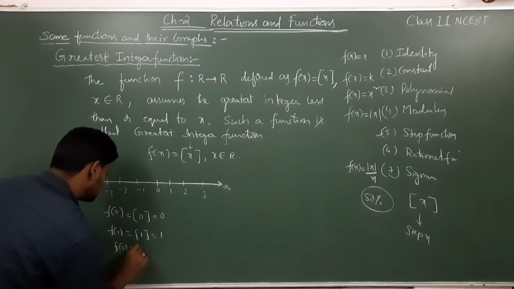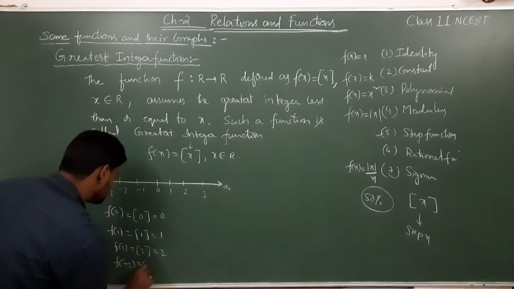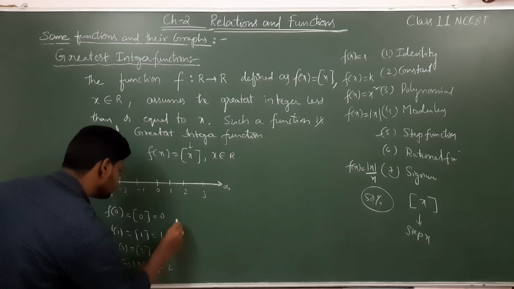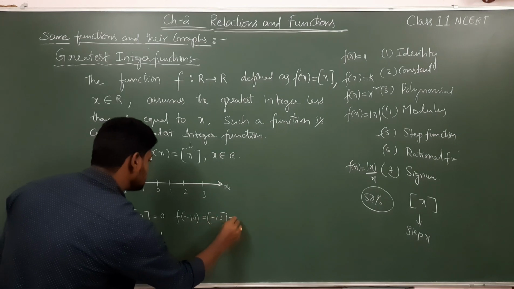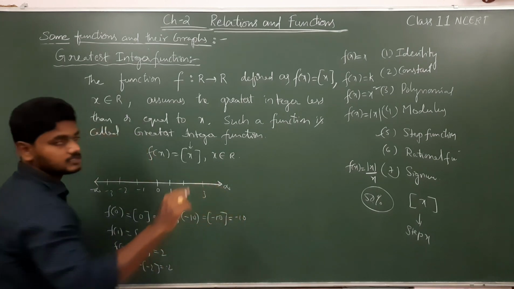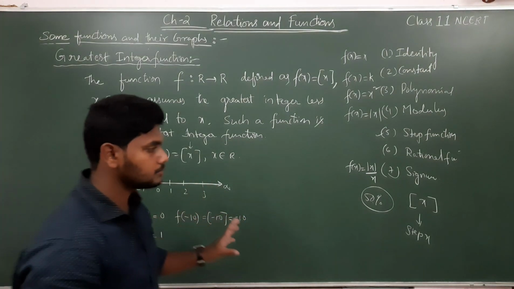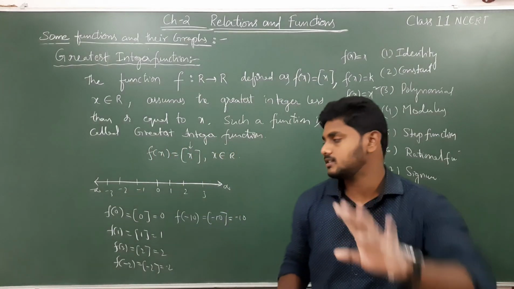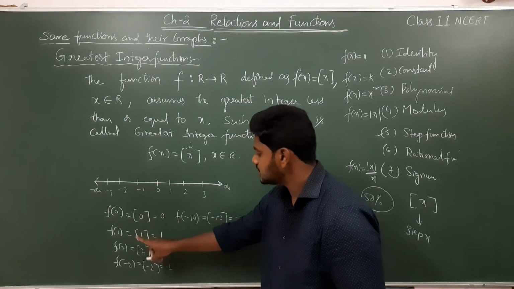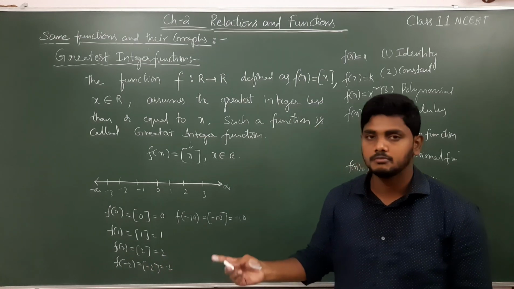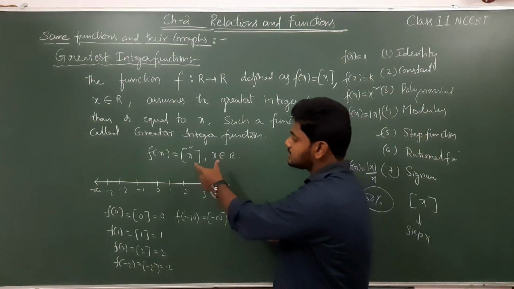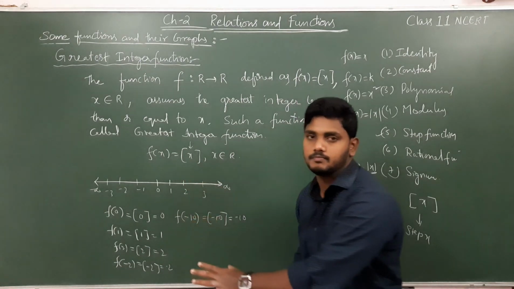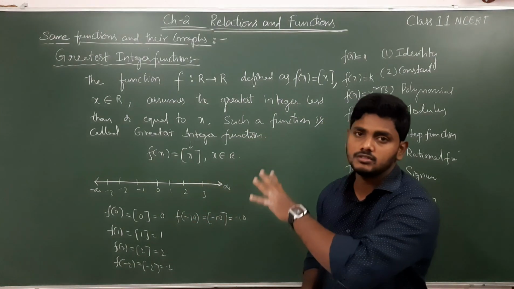F of 2, step 2 is equal to 2. F of minus 2, step minus 2 is minus 2. F of minus 10, step minus 10 is equal to minus 10. That means whatever integers you substitute, 0, 1, 2, minus 10, minus 50, 50, 25, it will give the same. When it comes to integers, it will give the same.